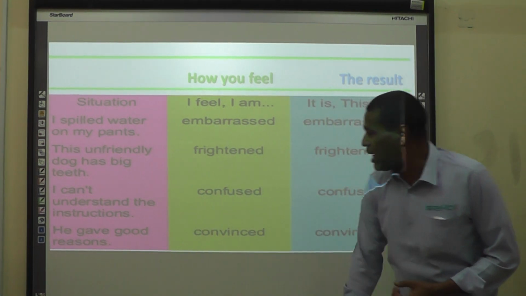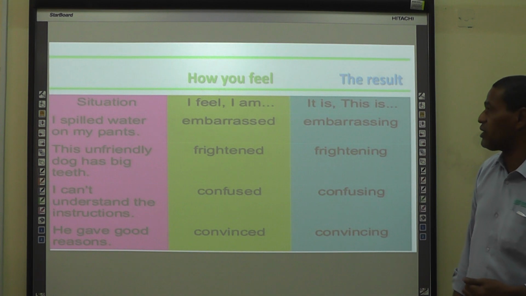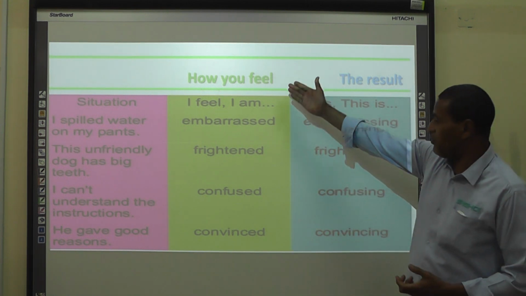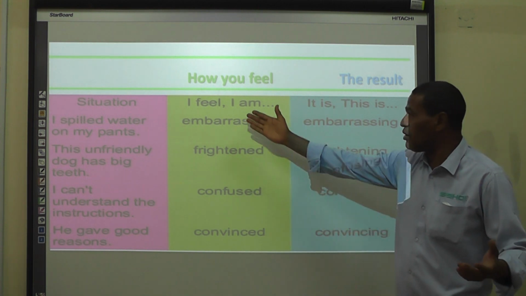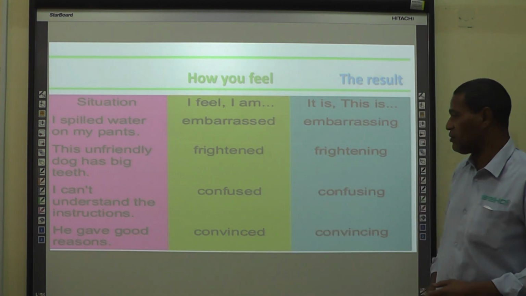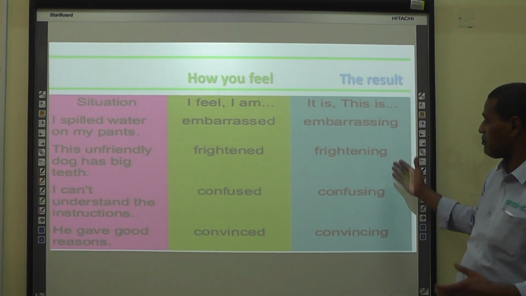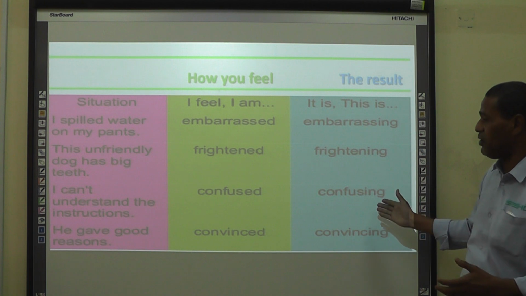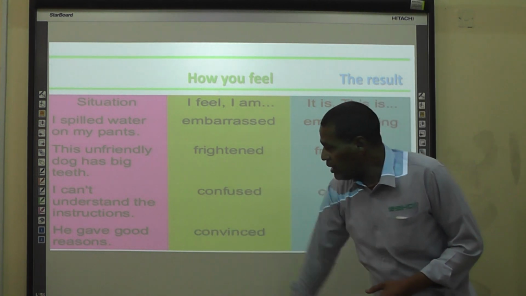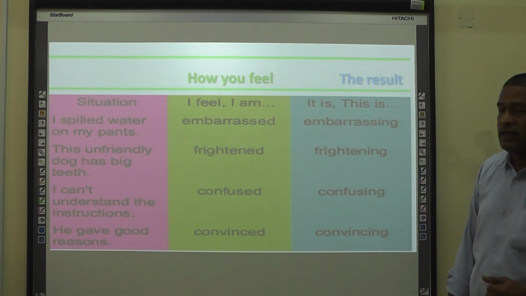I can't understand the instructions. So again, if you are going to talk about your feeling, you can say, I'm confused or I feel confused. The result, it's confusing or this is confusing. He gave good reasons.